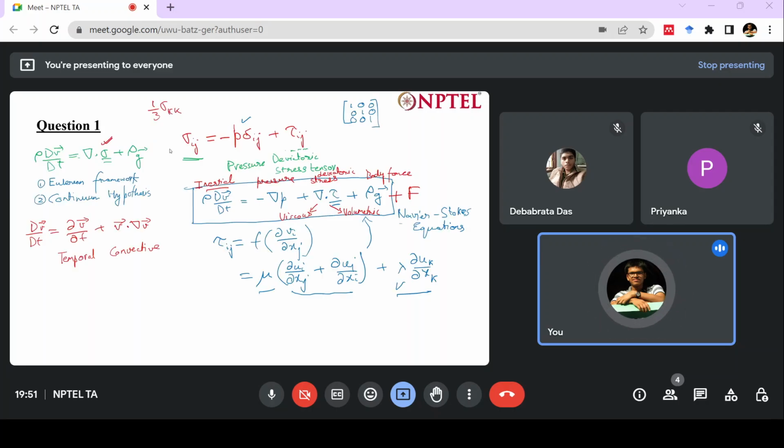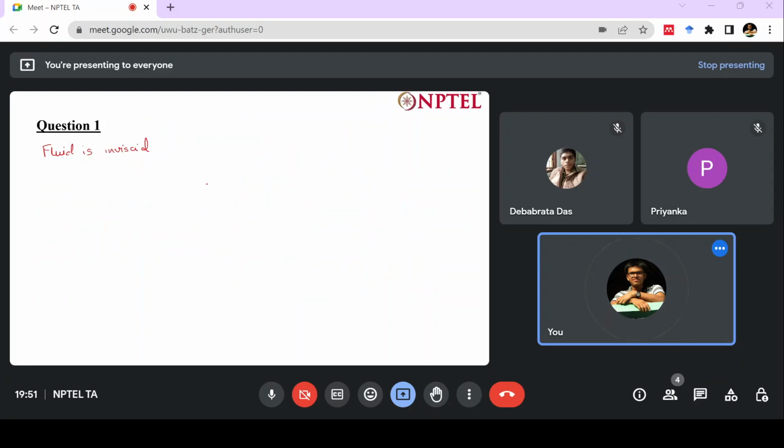What it actually signifies is that the deviatoric component of my force is zero. So this means the flow is inviscid, rather than the fluid. Here, the gradient divergence of this deviatoric stress tensor is equal to 0.